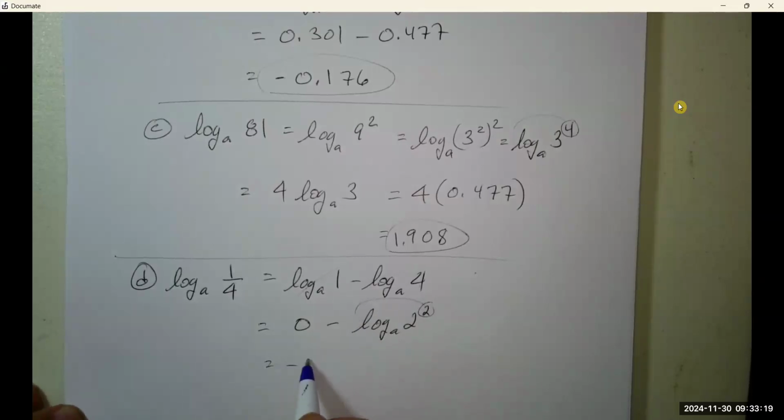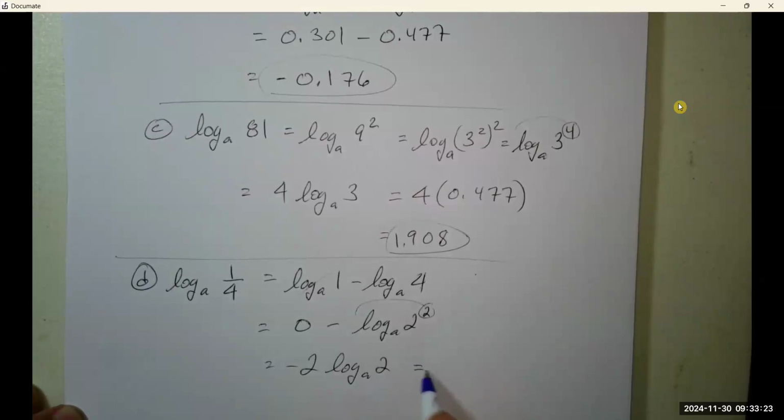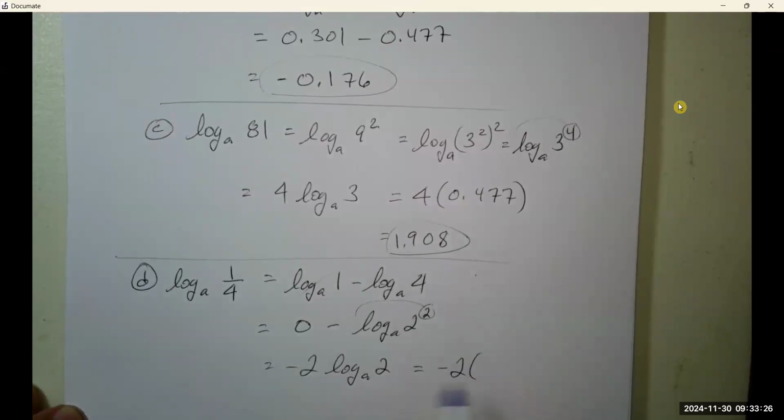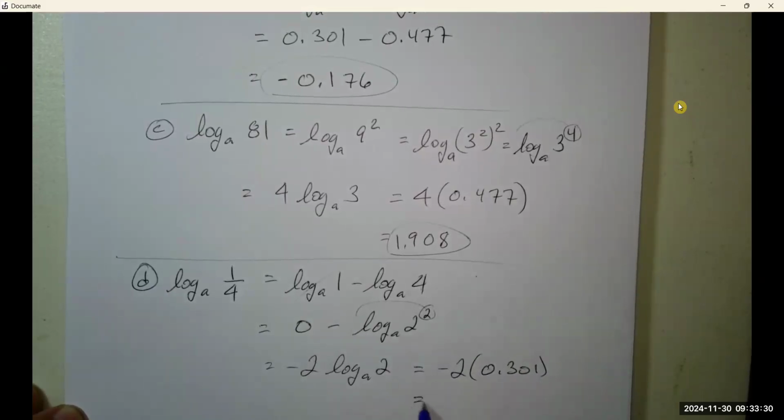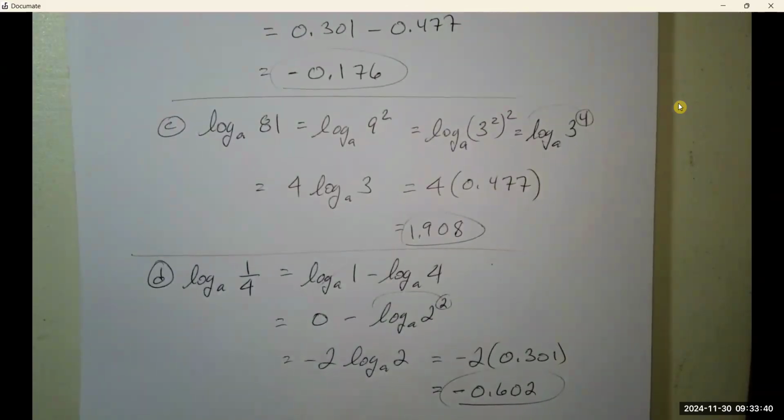So it's negative 2 log base a of 2. Log base a of 2 is 0.301, so it's negative 0.602. So it's how, using the properties and rules, can we rewrite what we're given to what we're looking for?